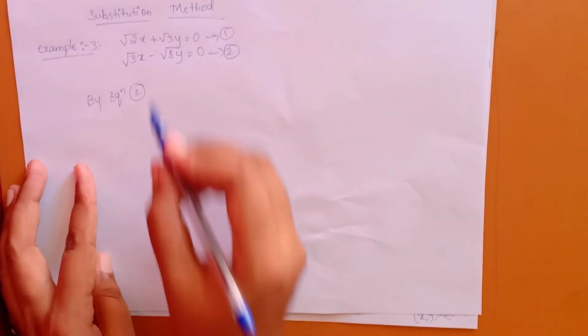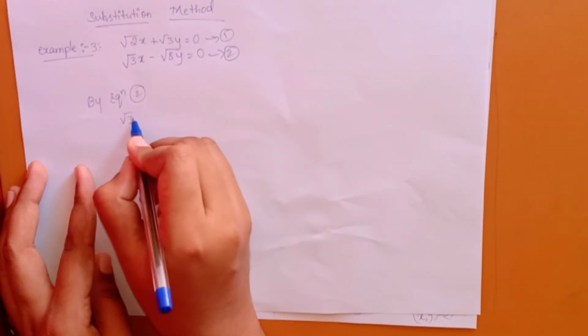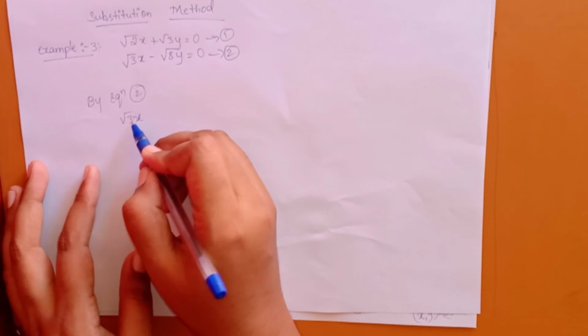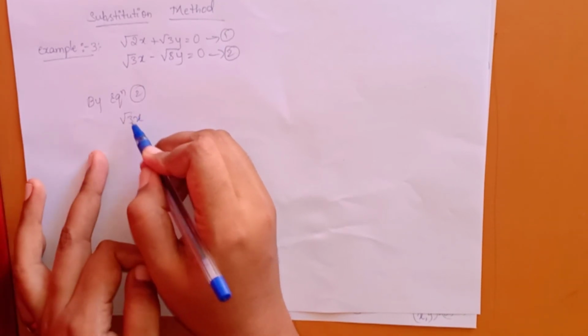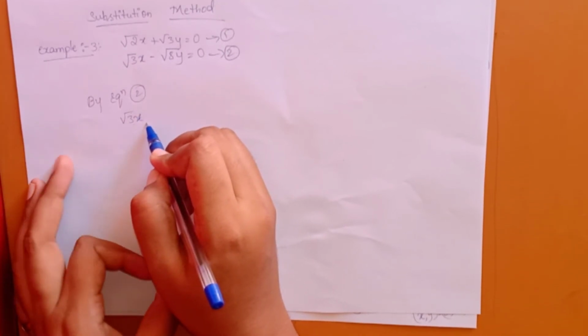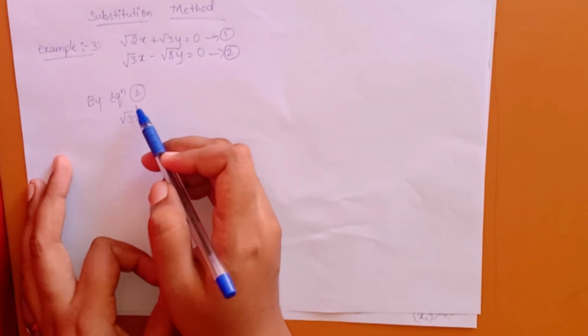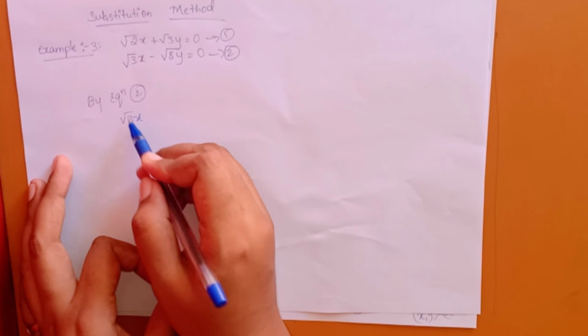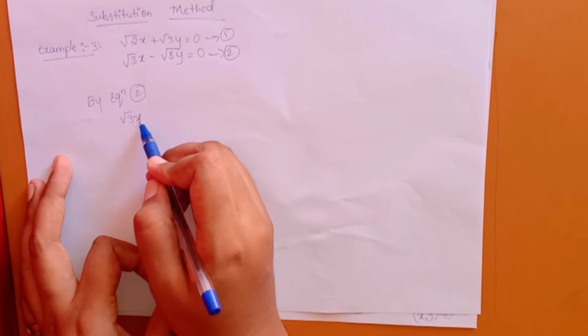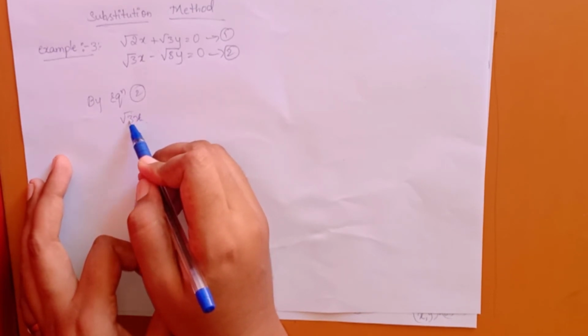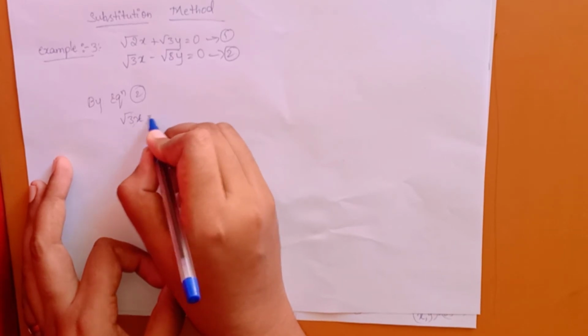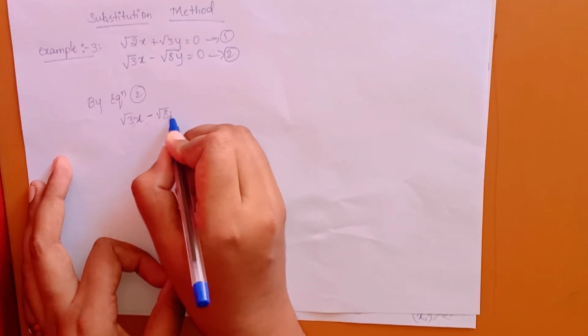Now I'll take equation 2. So in equation 2 we have root 3x minus root 8y is equal to 0. Here root 3 is applicable for the number, not for the x, because only the coefficient of x is applicable.